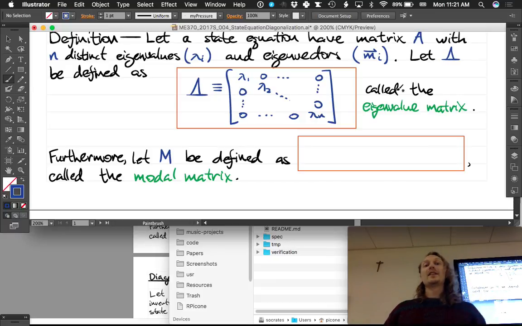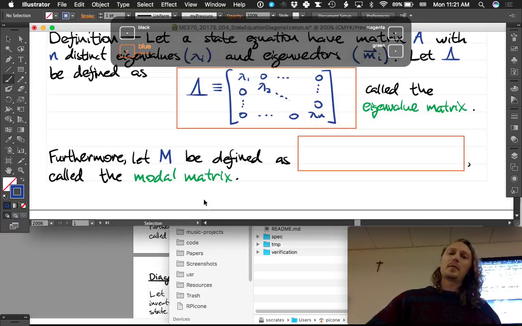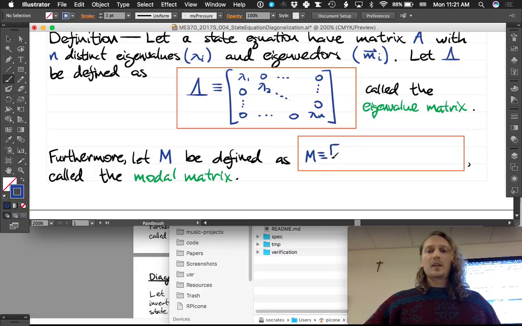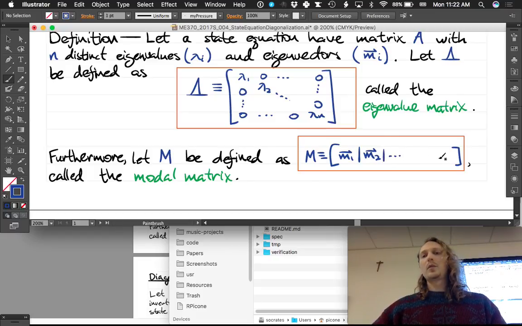Interesting fact. Well, I'll wait till after this. So furthermore, let M, capital M, be defined as, and now I'm going to use this notation. I'm going to write a matrix, but I'm going to put vectors in it. So this is a notation you probably haven't encountered yet, but not to worry. It's pretty straightforward. So m1, m2, all the way down to mn. These are the eigenvectors that we're putting into this thing.